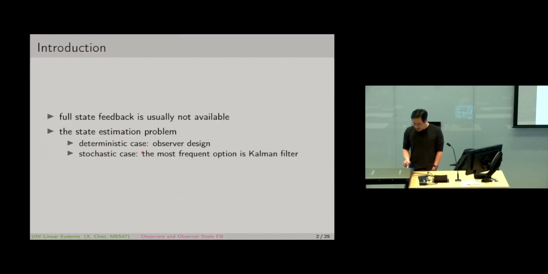The deterministic case of state estimation is what we're going to focus on today, the observer design concept. Deterministic means there are no noises that we directly consider in the system dynamics. And in the stochastic case, we assume there are sensor noises and the states can have noises too, the input can have different kinds of noises in here.